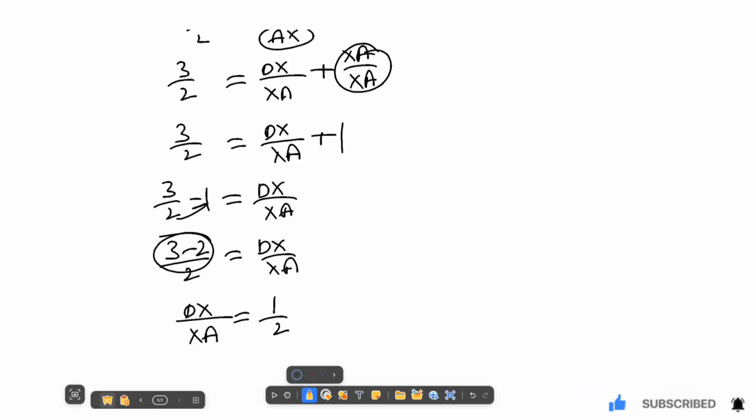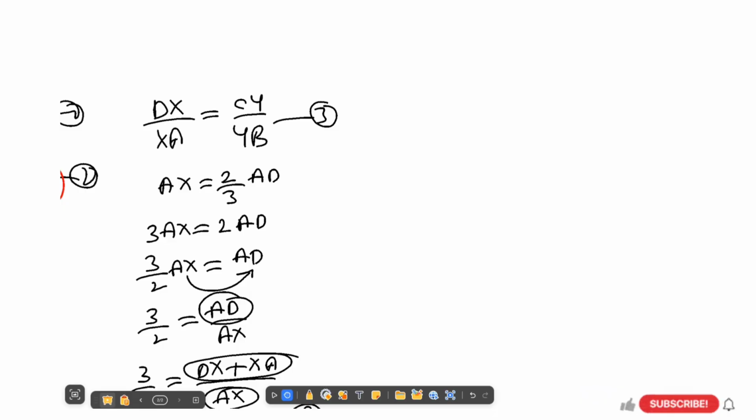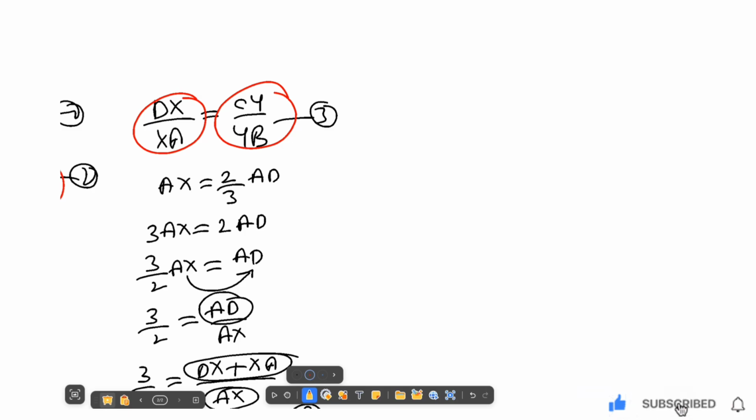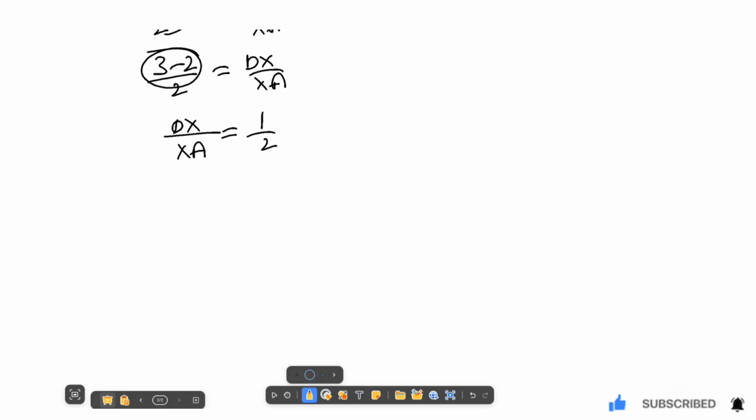But from equation 3, what is the value of dx by XA? dx by XA value is cy by yb. So in place of dx by XA we can write cy by yb.